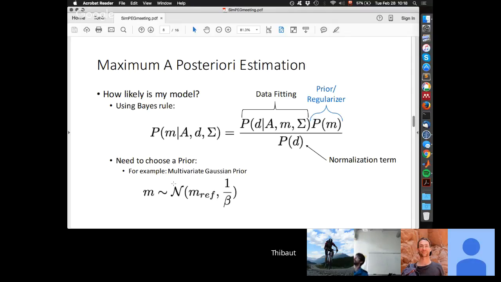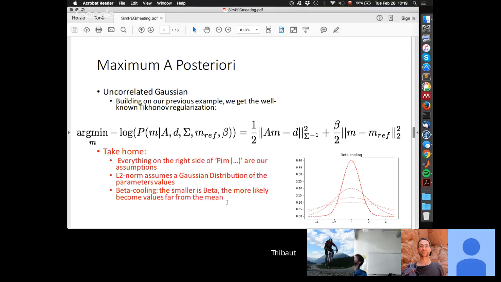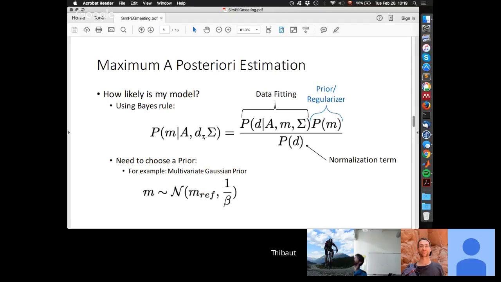An assumption we can make is that my M is also a realization of a Gaussian distribution of mean mref and covariance 1 over beta. Does this look familiar again? With this one, we will do exactly the same thing. We want to maximize this probability, so we're going to minimize the negative log of the probability.